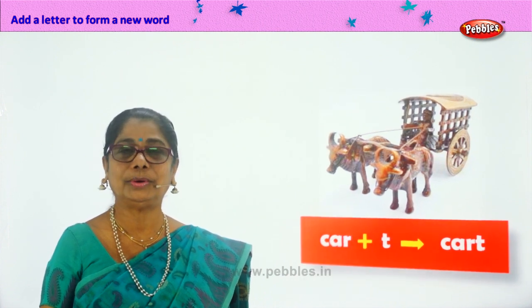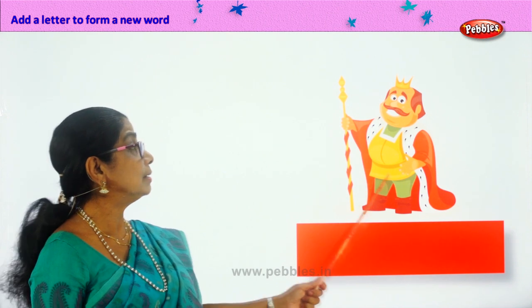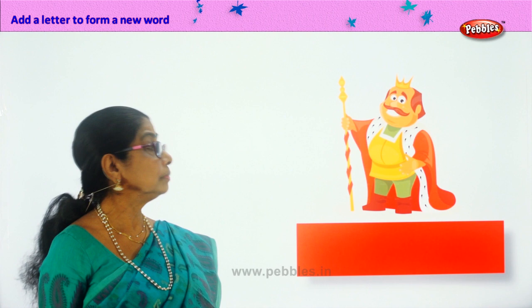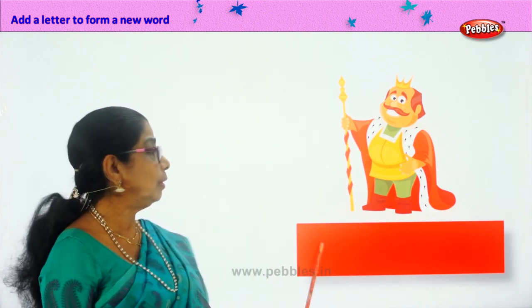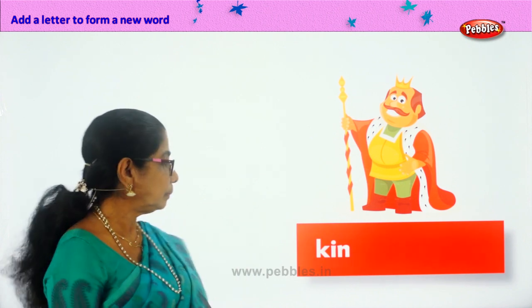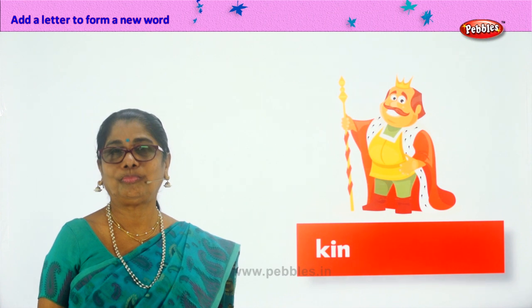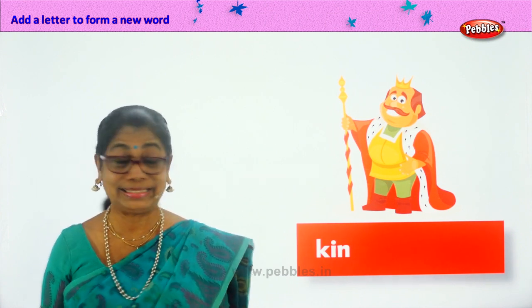Let's look at another picture. Okay, who is this? King. Can you see his crown? Can you see his cloak right at the back? Good. Now look at the word. Kin. Who is the kin? Your cousins. Call them kin. Yes.